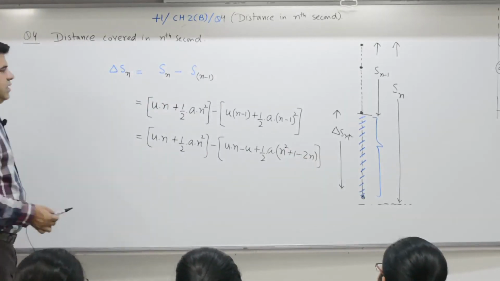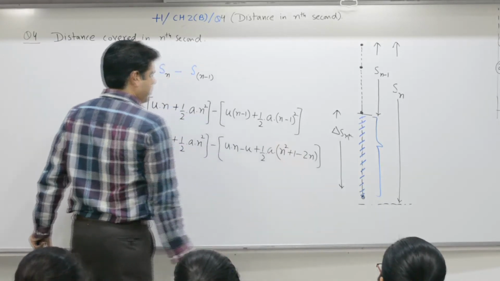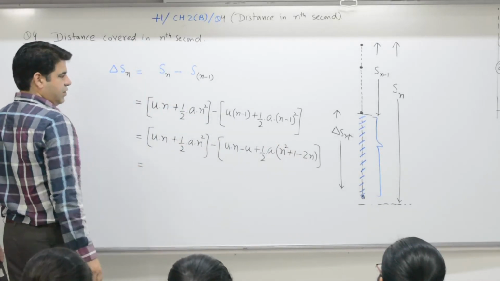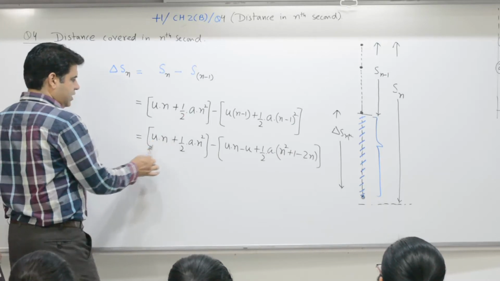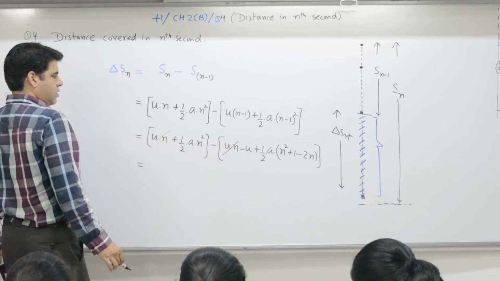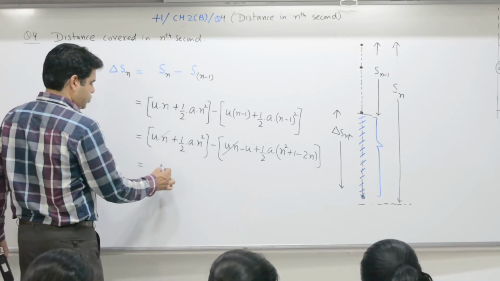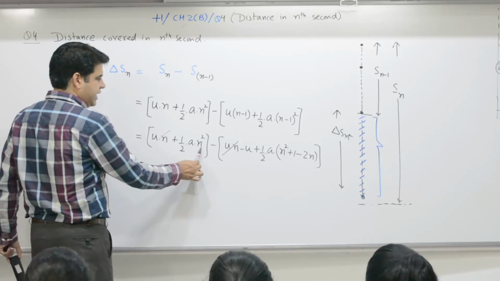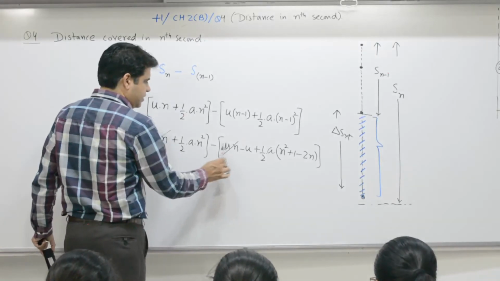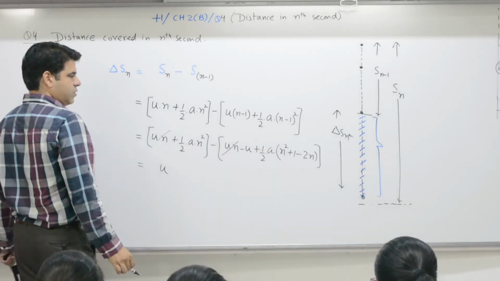Using (a minus b) square equals a square plus b square minus 2ab, the un cancels. The minus and plus u remain. 1 by 2 a n square, here also you get minus 1 by 2 a n square, and this also cancels.